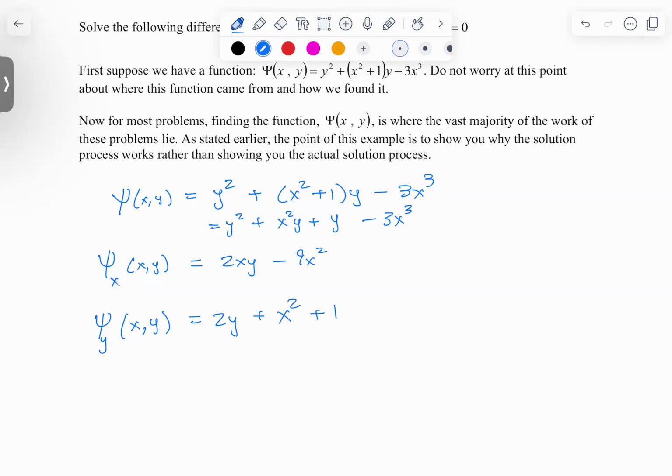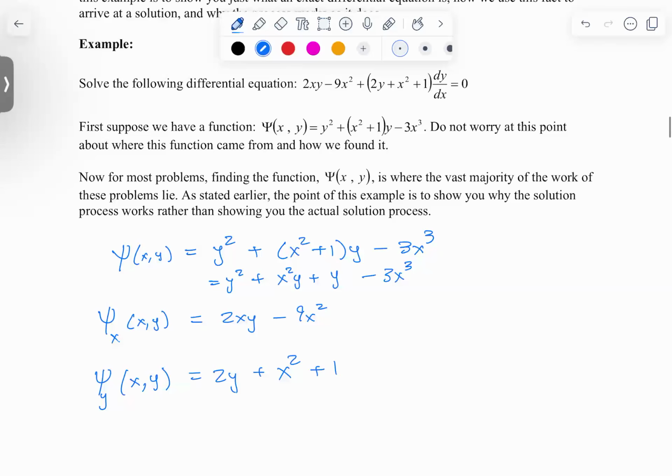That gives 0. Now notice, looking back, the partial with respect to x is exactly that piece, and the partial with respect to y is exactly this piece. Be aware, most of our work comes from finding psi, but this is by definition an exact differential equation.